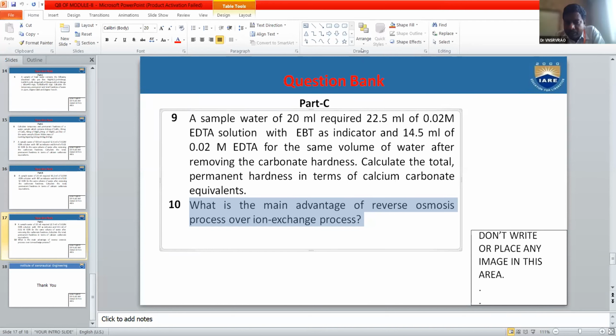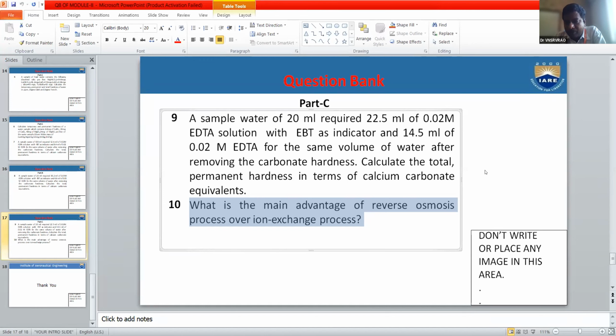What is the main advantage of the reverse osmosis process over the ion exchange process? The ion exchange process removes only ionizable impurities, whereas reverse osmosis removes both ionizable and non-ionizable impurities, even microorganisms and organic chemicals from the water.